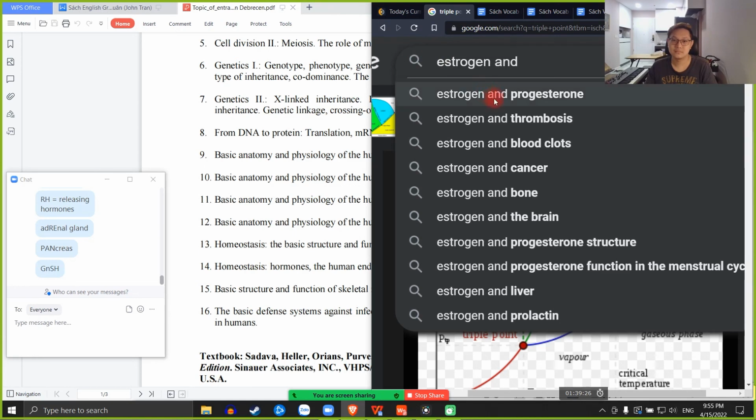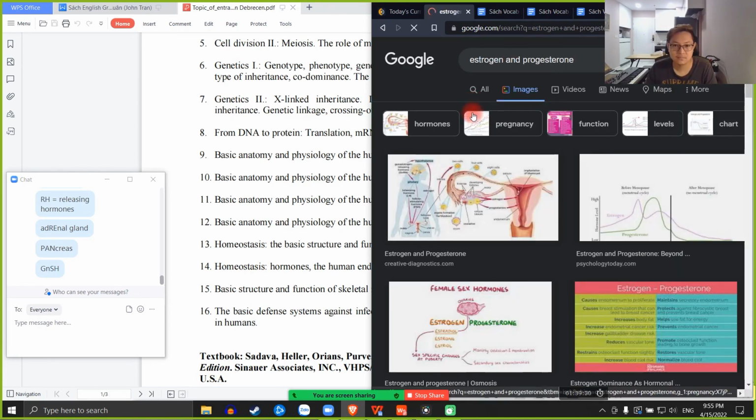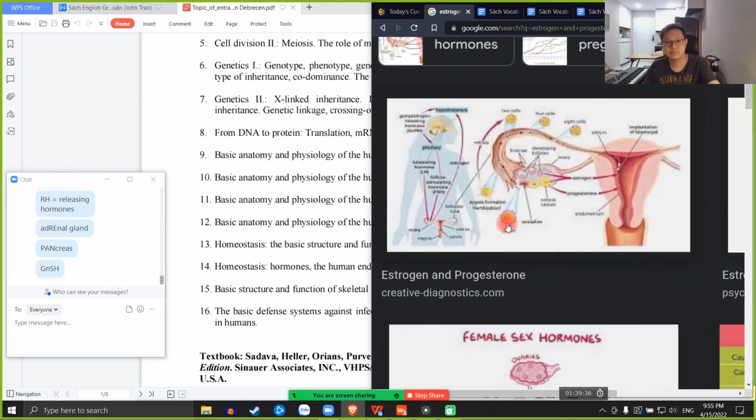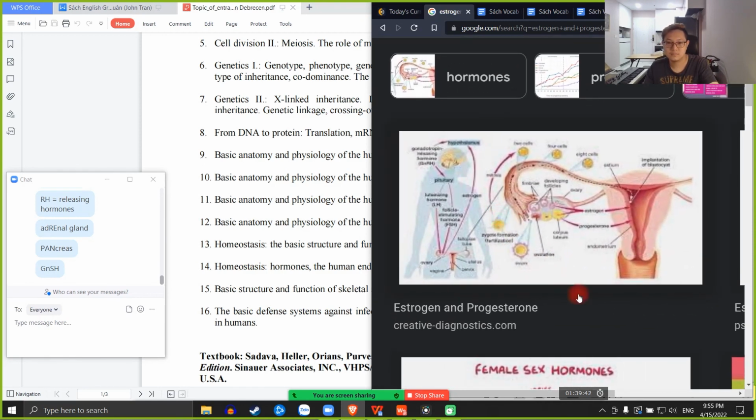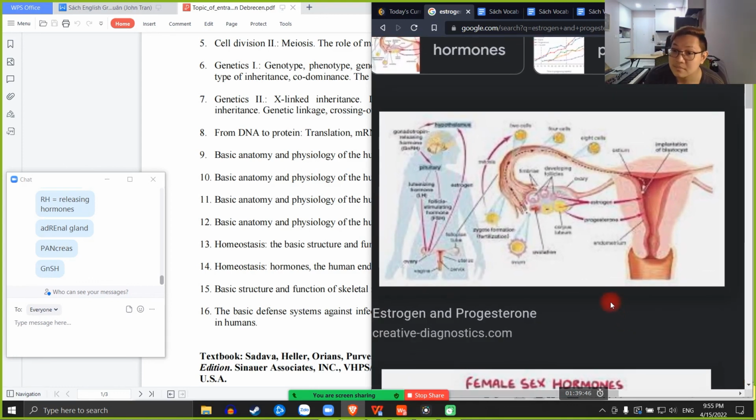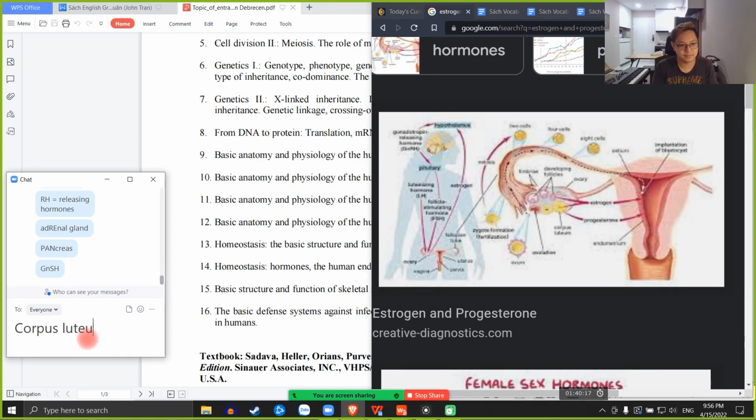The function is to help maintain the growing of the reproductive system of women, the growing of the ovary, and help to maintain the corpus luteum. Corpus means body, luteum means yellow. The yellow body inside of the ovary.